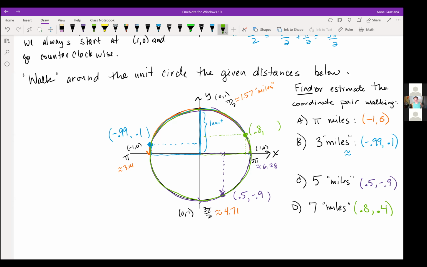Now, here's the thing. Most of the time, you guys are going to be drawing your own circles. Depending on how good you get it, if it looks more like an oval or whatever, your approximations may vary a little bit between each other, okay? Because your homework tonight, or actually, this is the homework, I think, for tomorrow. Maybe it is tonight.